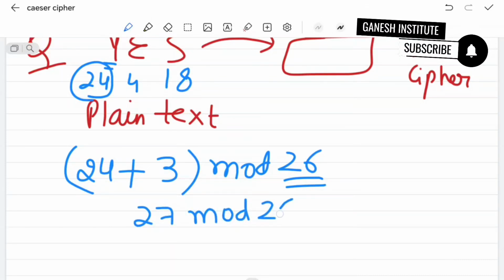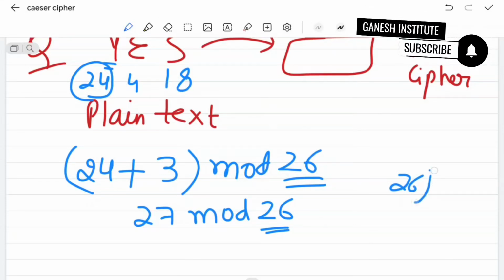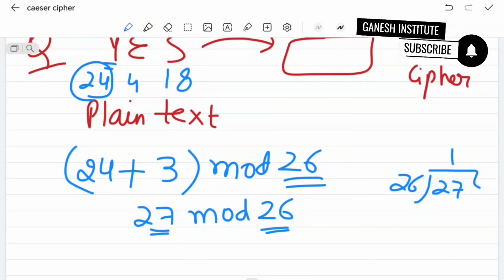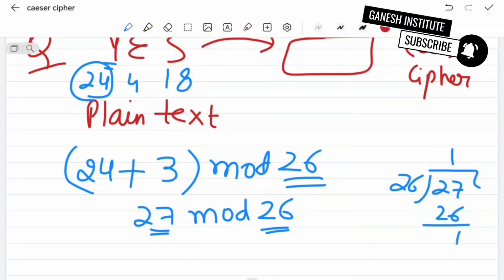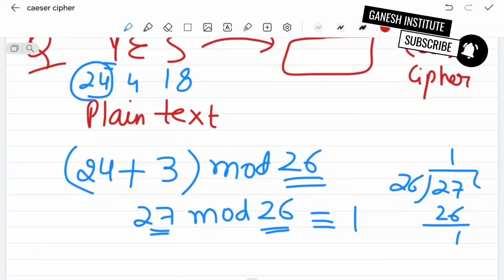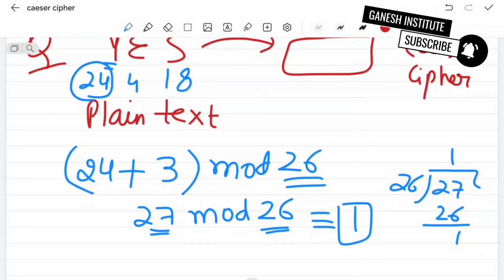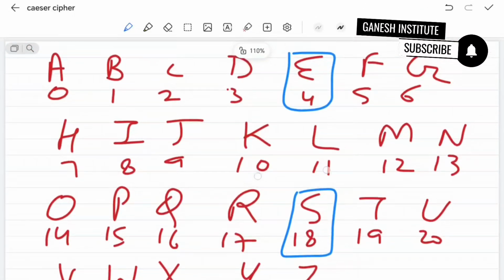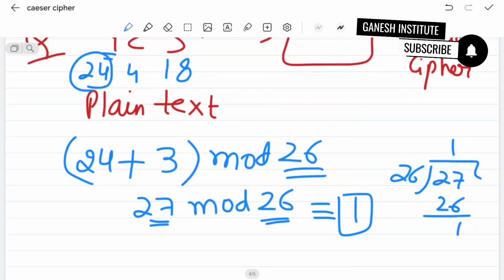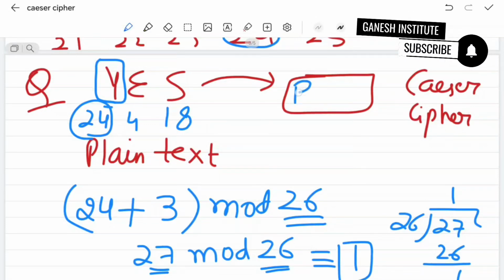You take 26 as the divisor and 27 as the dividend, and whatever is your remainder, you write that. So 1 is your first letter of ciphertext. 1 means B. So Y has been transformed into B.